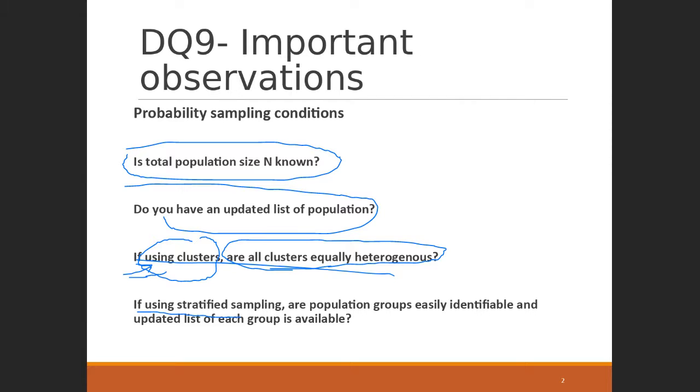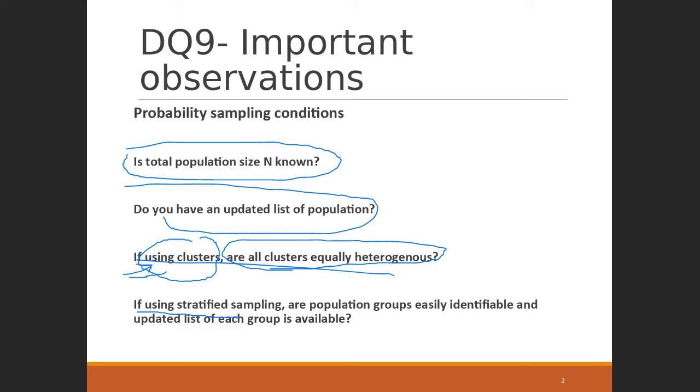If you're using stratified sampling, you need to ask yourself this question: are all population groups easily identifiable? And if they are, is an updated list of each group available or not? Many students have opted for stratified sampling. Again, if you have an updated population list, then you can use stratified sampling.